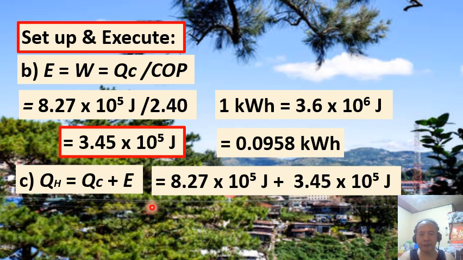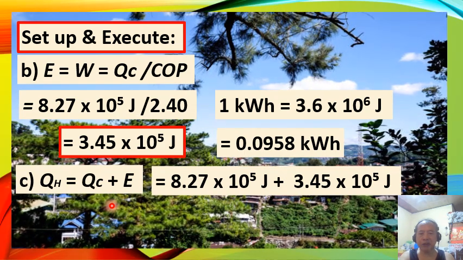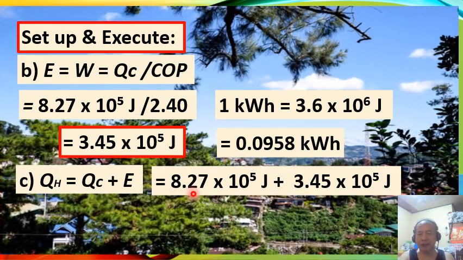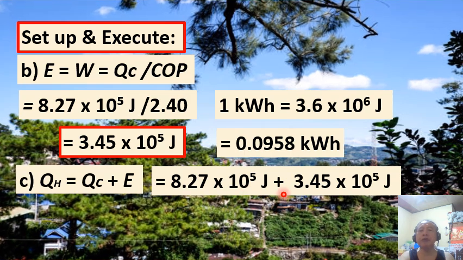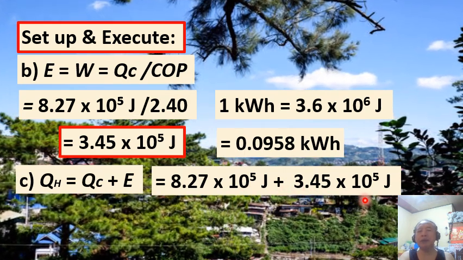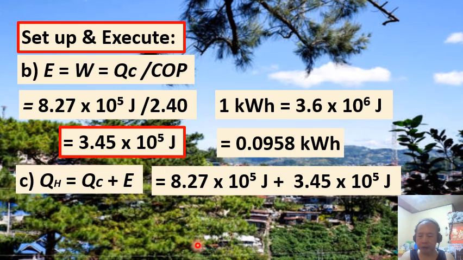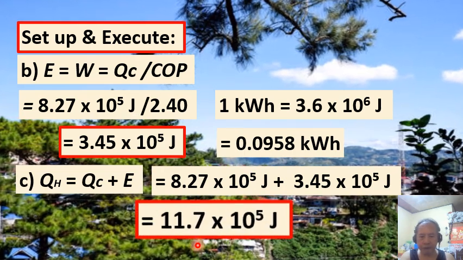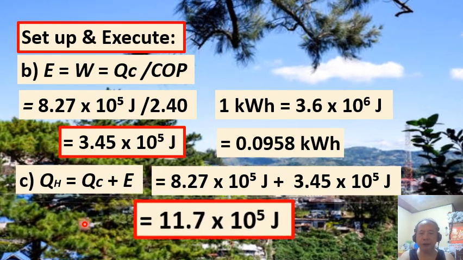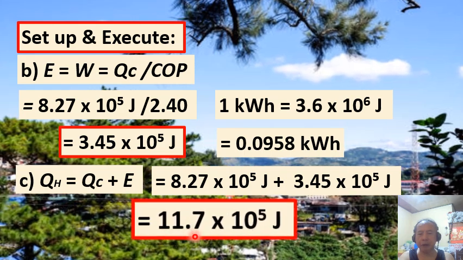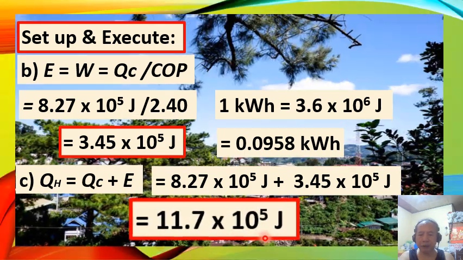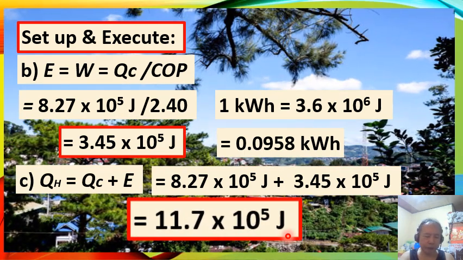That is, Q sub H equals 8.27 times 10 to the fifth power joules plus 3.45 times 10 to the fifth power joules. So the value of Q sub H in three significant figures is equal to 11.7 times 10 to the fifth power joules.